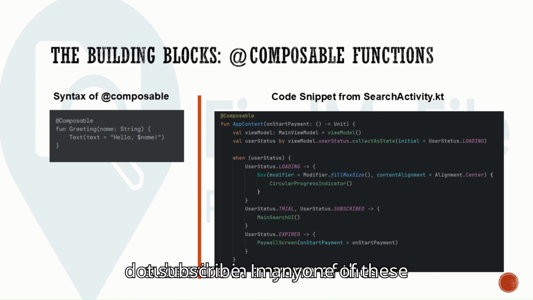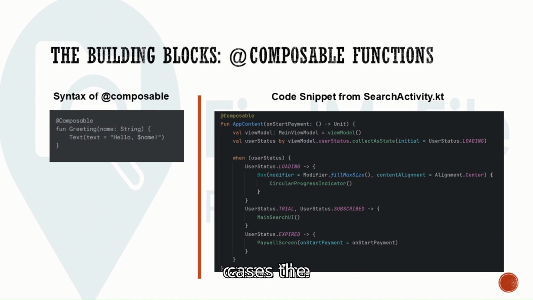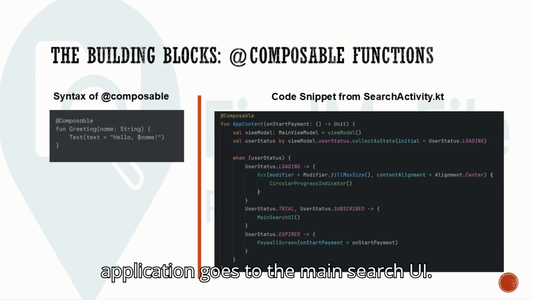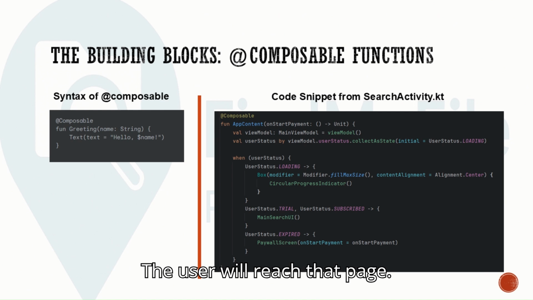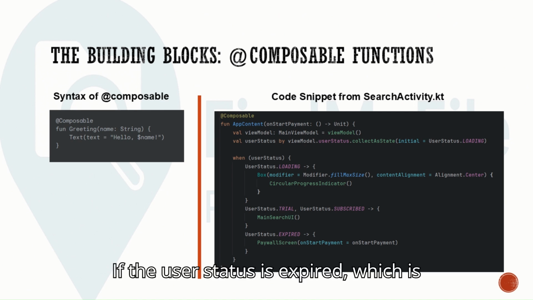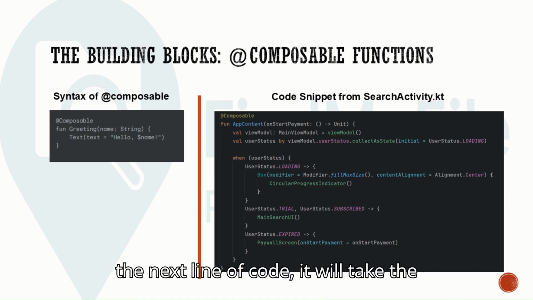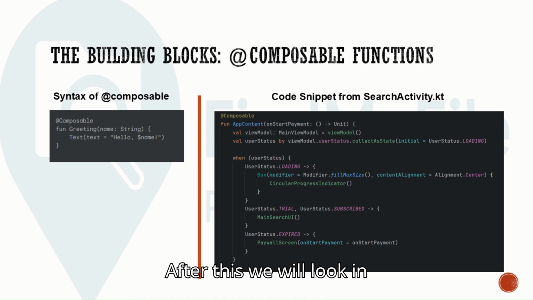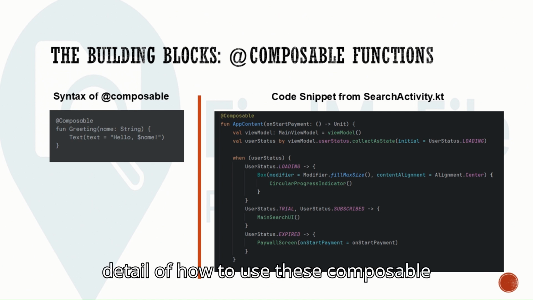In any one of these cases, the application goes to the main search UI. The user will reach that page. If the user status is Expired, which is the next line of code, it will take the user to the paywall screen to subscribe. After this, we will look in detail at how to use these composable functions.